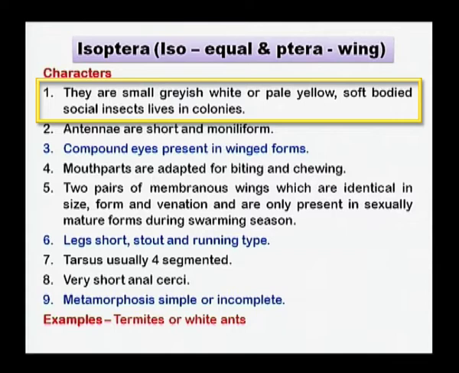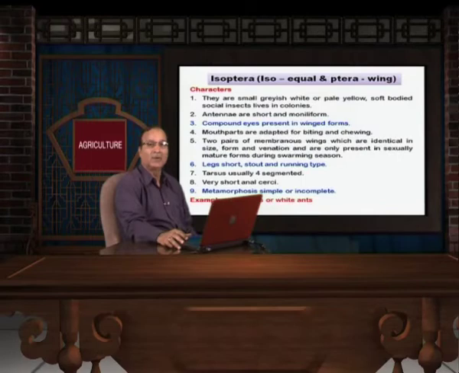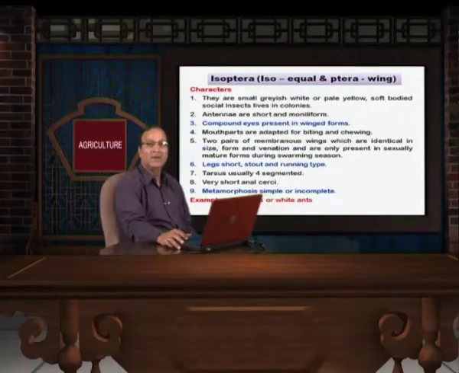Another characteristic feature of the members of Isoptera is that they are called social insects. It means they prefer to live in colonies and they have different castes, which are used for the distribution of work for which they are made.